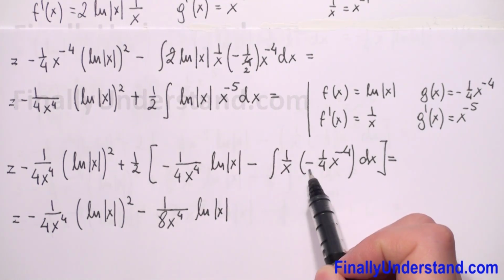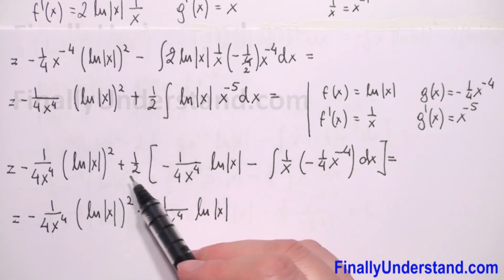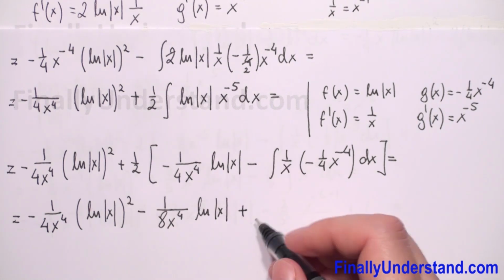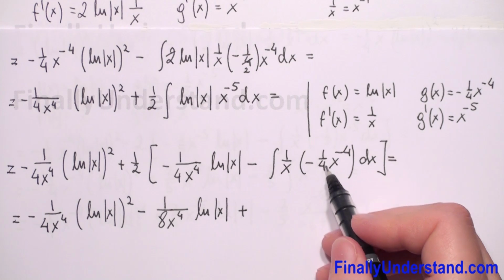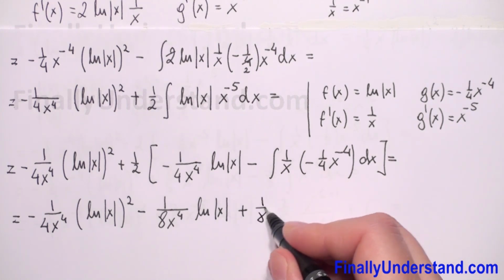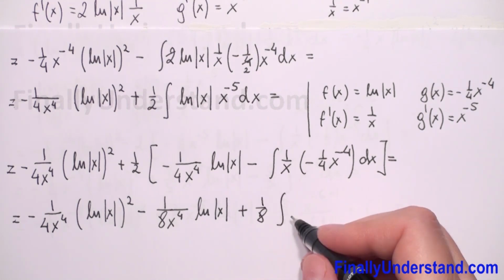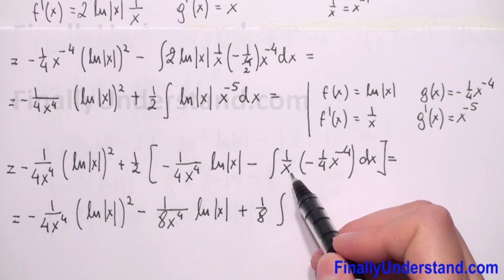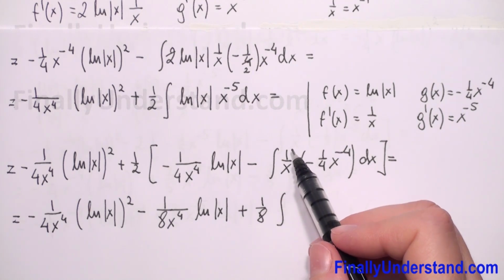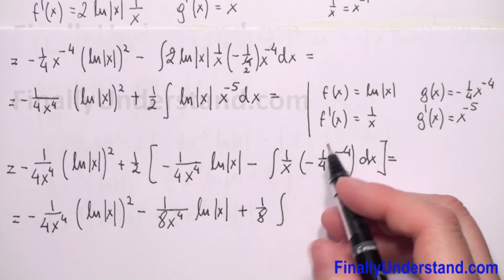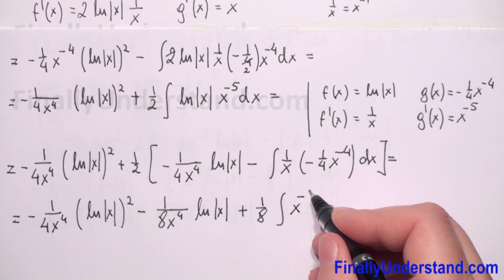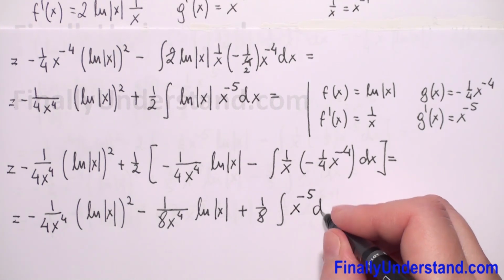First, negative times negative gives us positive, positive times positive will be positive, and we have 1/2 times 1 over 4 is 1 over 8, and we have the integral, again 1 over x is x to the power negative 1 times x to the power negative 4 is x to the power negative fifth with respect to x.